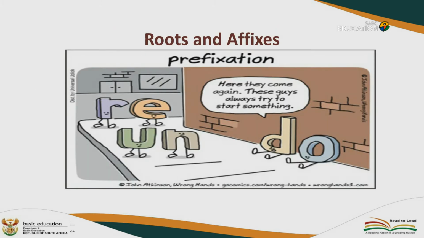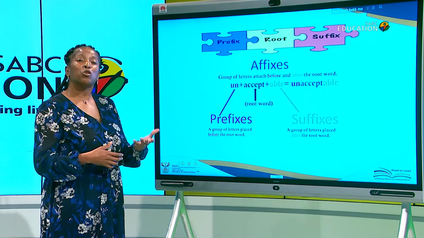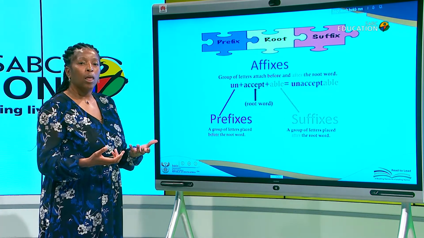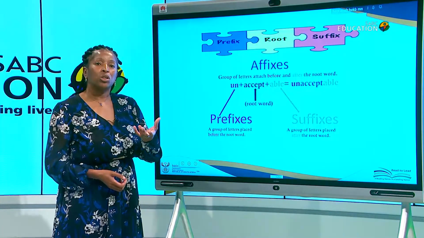Let's look at this. We call these parts of words. What is a part of word? A part of word is basically a group of words which are made up of either a root and its affix. So we've got a root, which is the stem word. It is the main word.